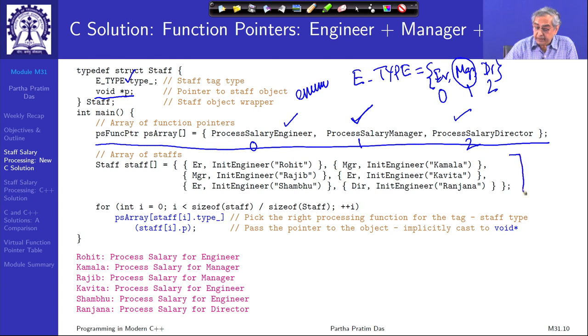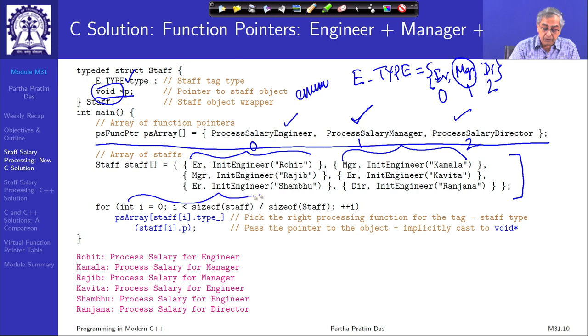Then I have the staff array, which is pretty much like before, only I have used a compact initialization notation to initialize it with pairs of values. One is the E type, the other is a pointer to the engineer, manager or director, but since the type is void star, it will implicitly get cast to void star and will all be populated in the array of staff.